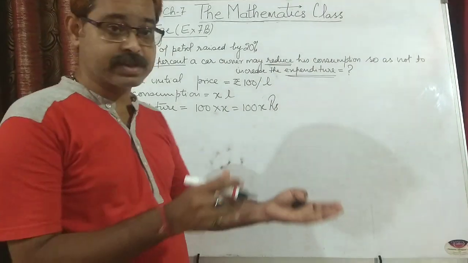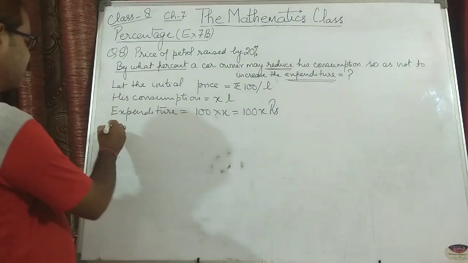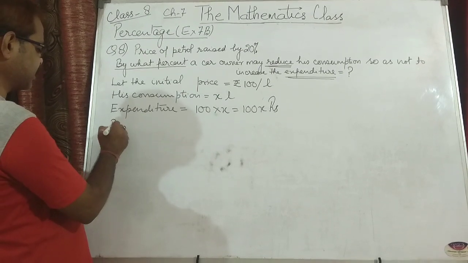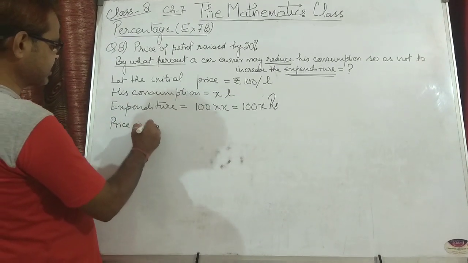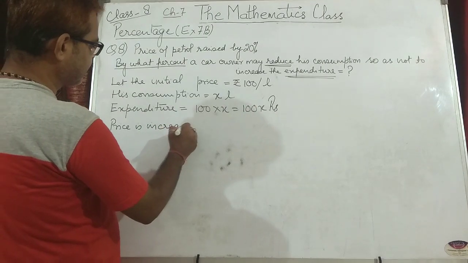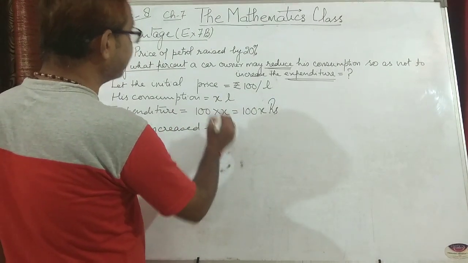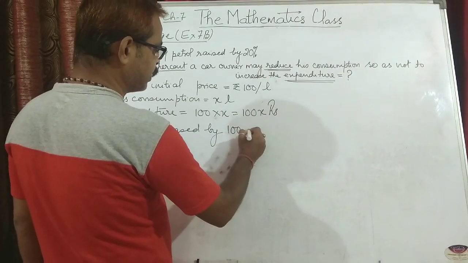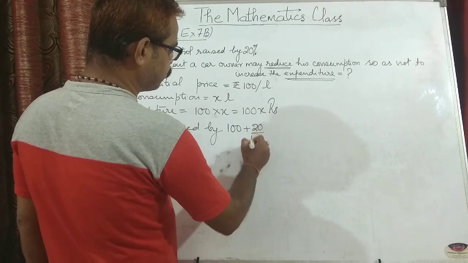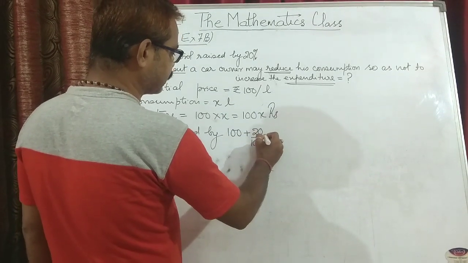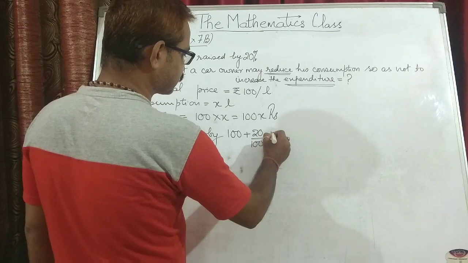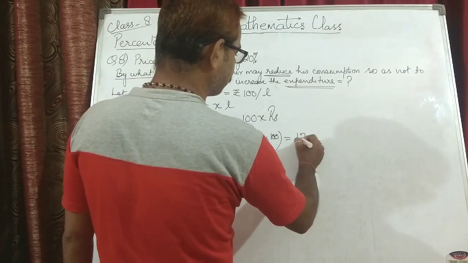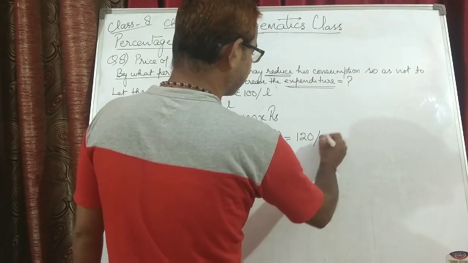Now we'll find out what the expenditure is now. The price is increased by 20%. It means 100 was the original plus 20% increase, so that becomes 120 rupees per liter.